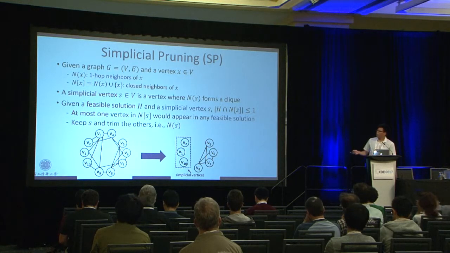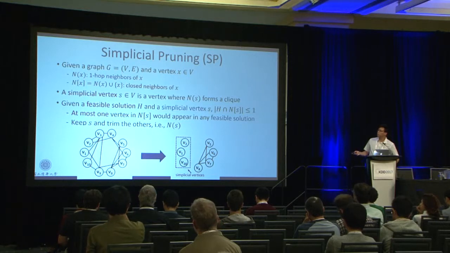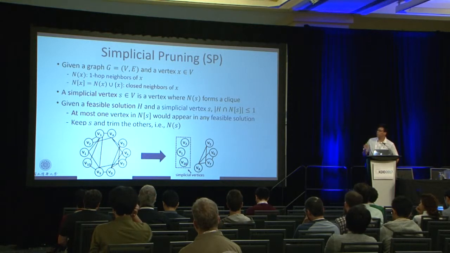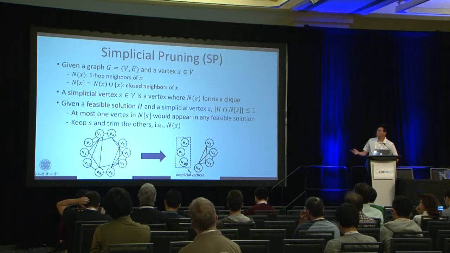Given a simplicial vertex, we can prove that at most one vertex in its closed neighborhood would appear in any feasible solution. So we can simply keep S and trim the others, that is, its one-hop neighbors.